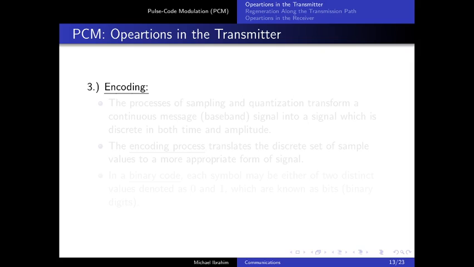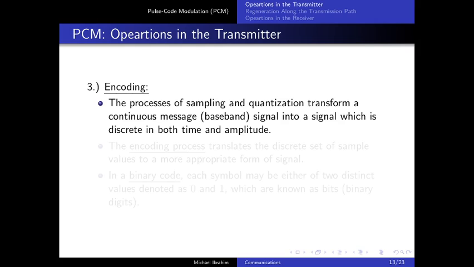The third step, or the third operation performed in a PCM transmitter, is the encoding process. In the encoding process, the output from the quantizer, be it uniform or non-uniform, it's usually a non-uniform quantizer, is transformed or translated into a form of coded pulses. So the processes of sampling and quantization have already transformed a continuous message into a signal that's both discrete in time and amplitude.